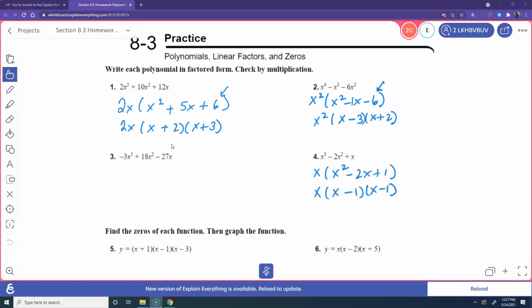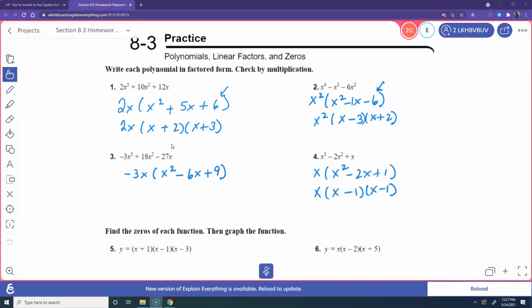For number 3, I'm going to factor a negative 3x. So you're left with x squared minus 6x minus positive 9. How do I know it's positive 9? Because negative 3x times 9 gives you negative 27x.